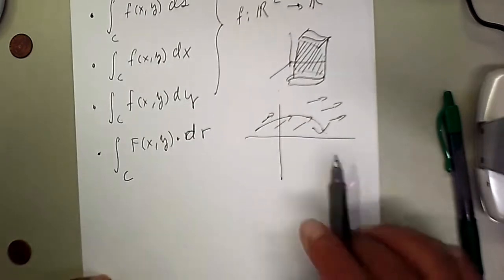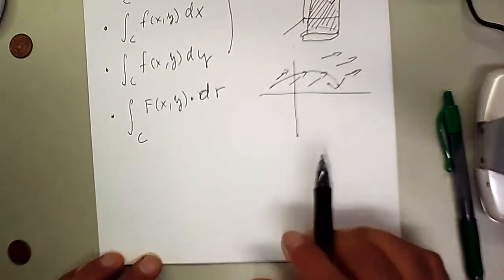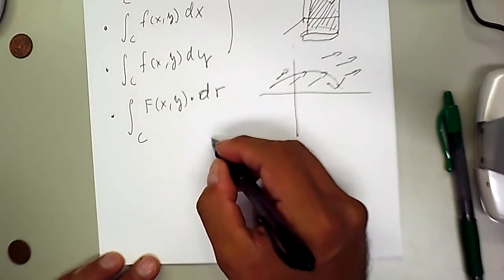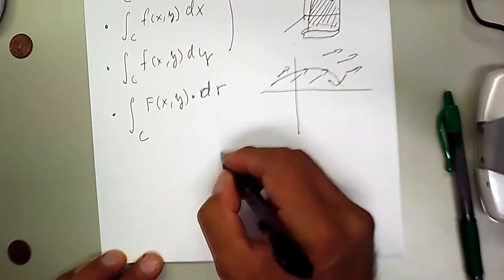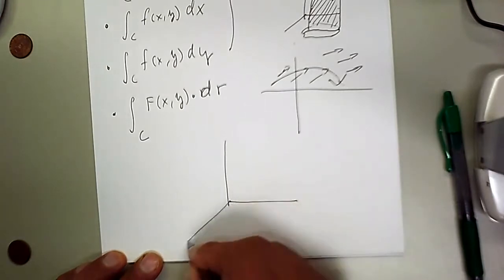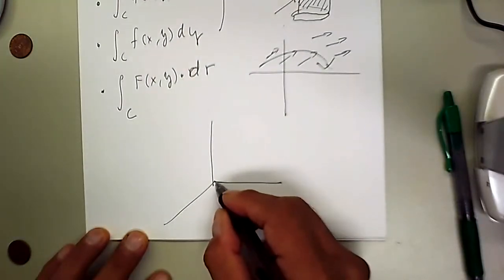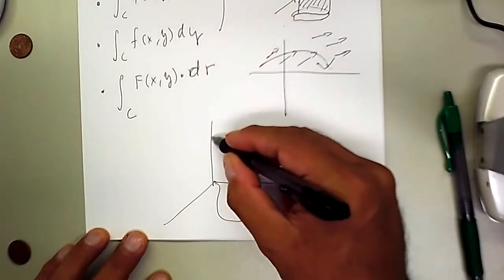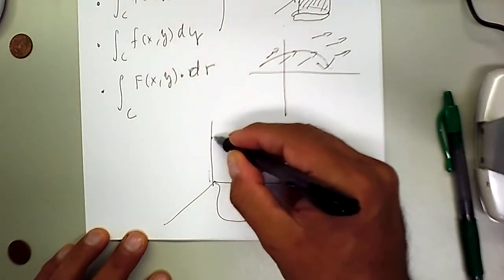All right, let me talk more about those three again. So pretend you have a path down here. Corresponding to this path, we have a function f.